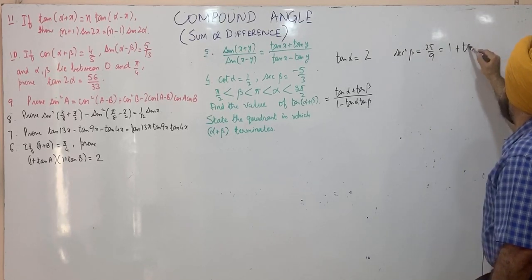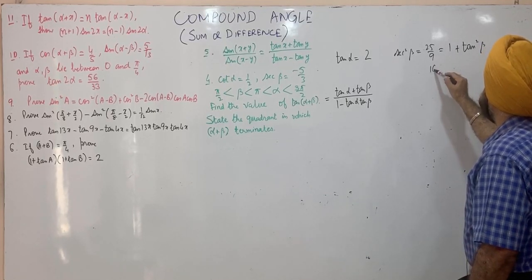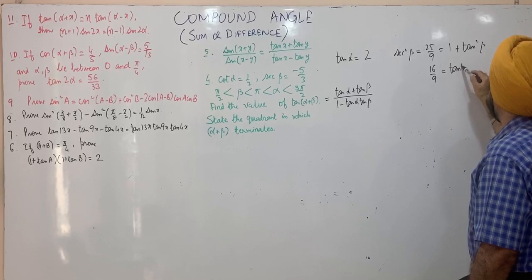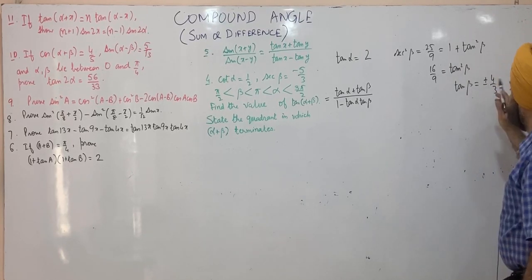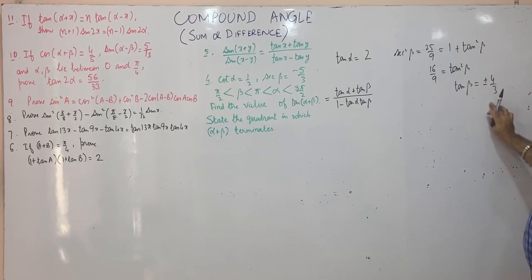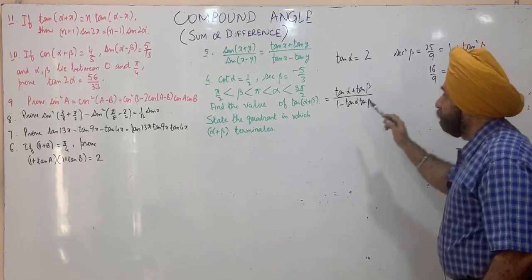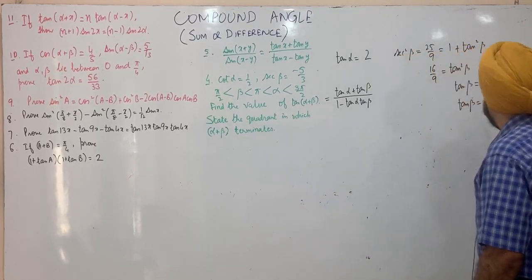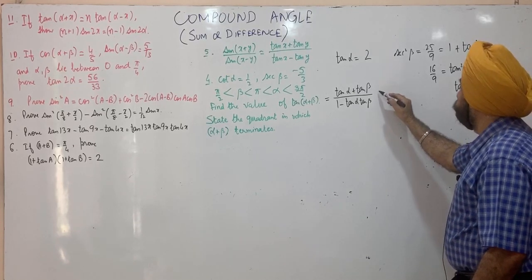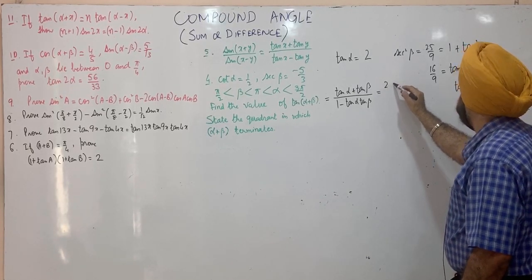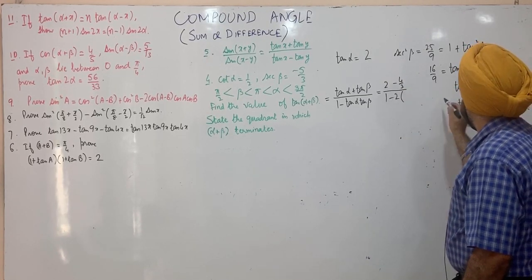It's 1 plus tan square of beta. 25 by 9 minus 1 is 16 by 9. This is tan square beta, or tan beta is plus minus 4 by 3. Always write plus minus, then put the proper sign. So beta is in the second quadrant, tan will be negative here, so minus 4 by 3. Substitute values. Tan alpha is 2 plus tan beta, minus 4 by 3, upon 1 minus tan alpha into tan beta.